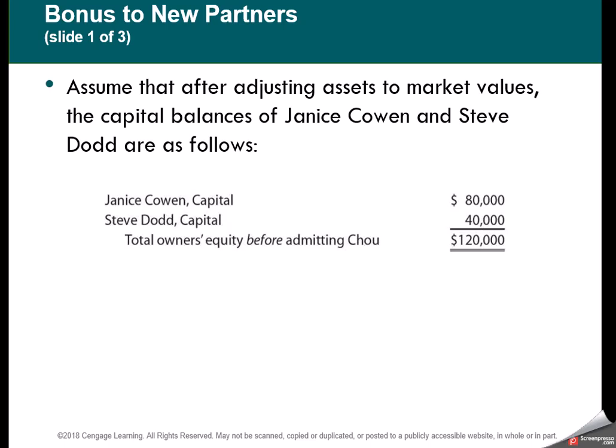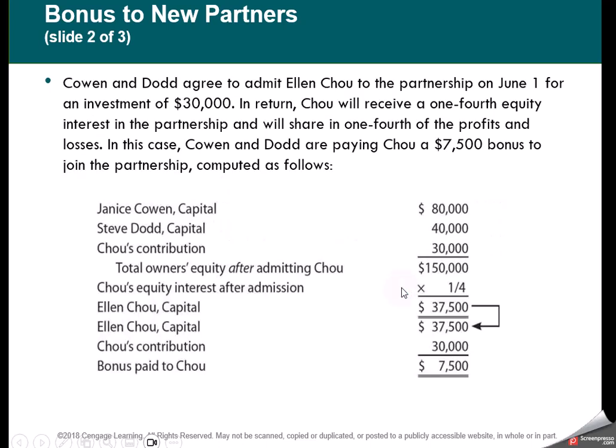Then we got another scenario. Janice has $80,000, Steve has $40,000 prior to allowing Ellen to join, and then Ellen's going to contribute $30,000. She is contributing the $30,000 to share 1/4 of the equity and 1/4 of the profit. So we add all their equity together.